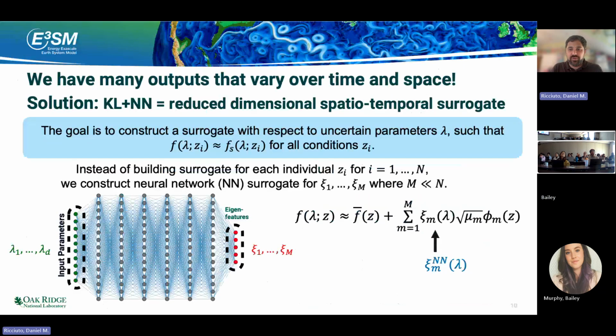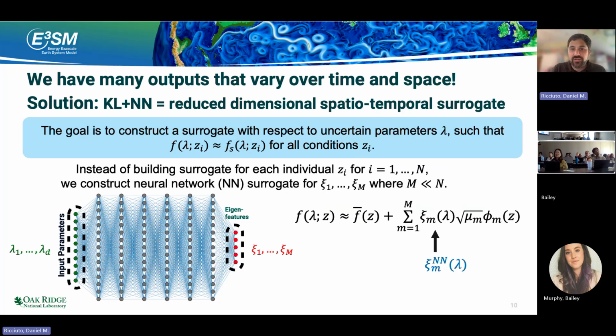As I mentioned, when we're running gridded simulations, or if we want to look at long time series, reducing the dimensionality of our surrogate model is really important. So we're using a method called Karhunen-Loève decomposition and combining that with our neural network methodology to generate the surrogates. Instead of generating tens of thousands or more surrogate models, we might be able to reduce that dimensionality down to 10 or 20 and build surrogates for those, basically coefficients in this reduced dimensional space.